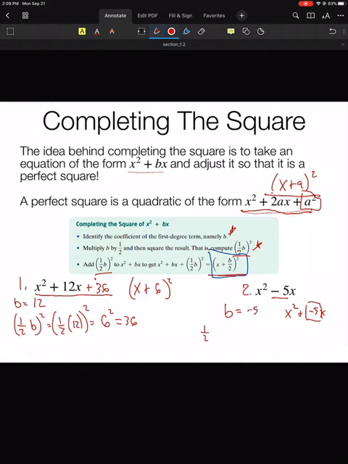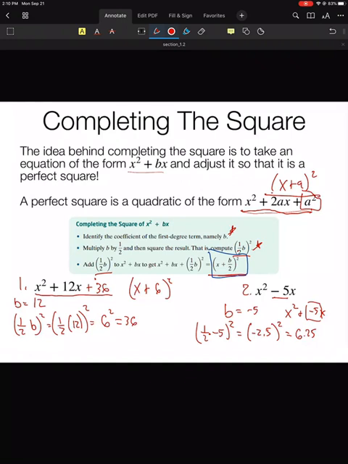Then we calculate (1/2 times -5) squared. 1/2 times -5 is -2.5, and -2.5 squared, when you square a negative number it turns positive, is equal to 6.25.